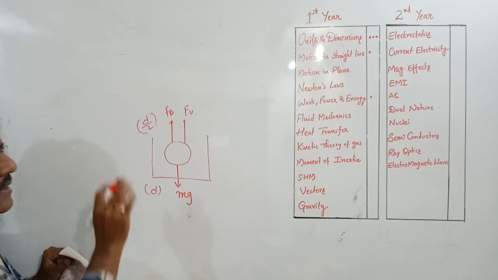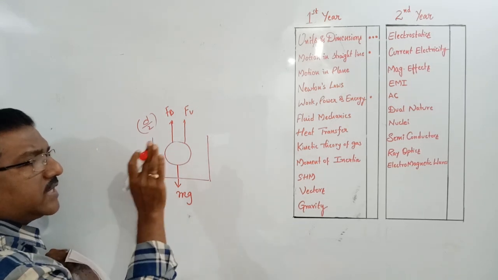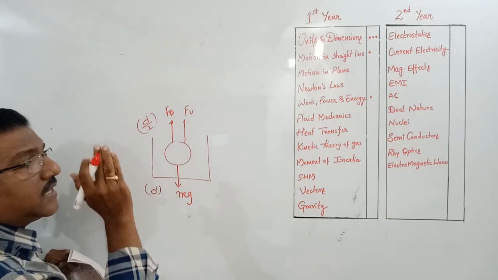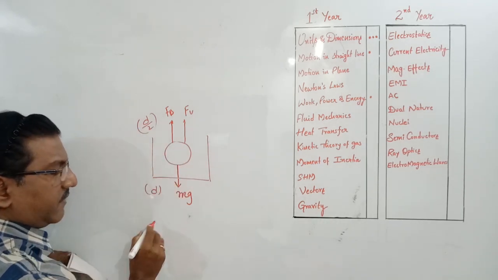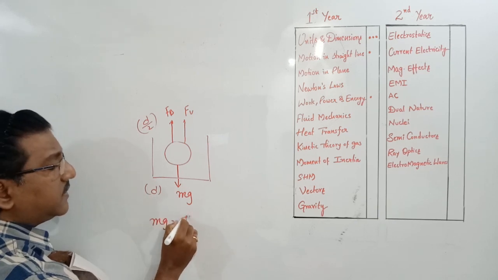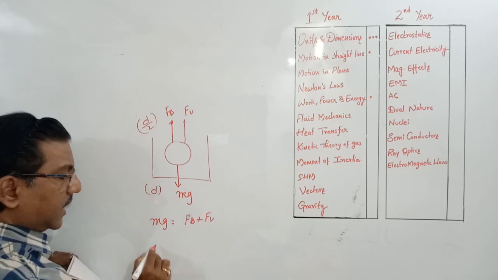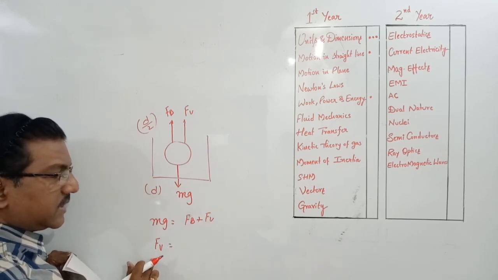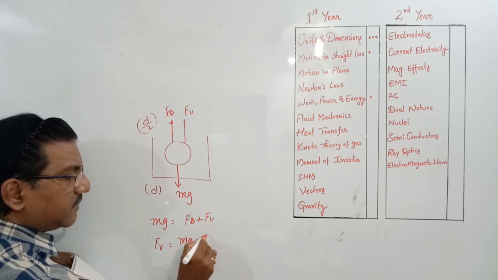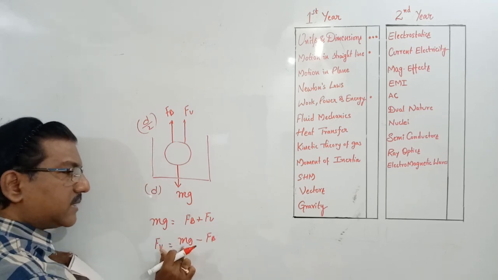That is the question. You know the derivation, we derived. At the time of the derivation only I said, have the knowledge of application. Once the terminal velocity it acquires, you know mg is equal to fv plus fb. He is asking what is the viscous force. Viscous force is nothing but mg minus fb, force of buoyancy. What is mass?